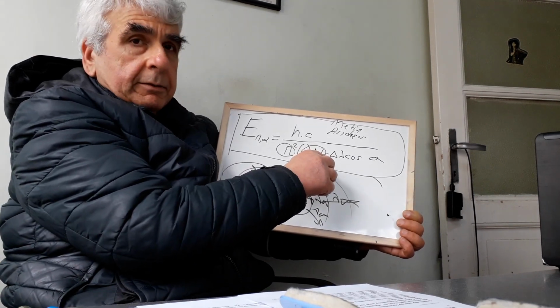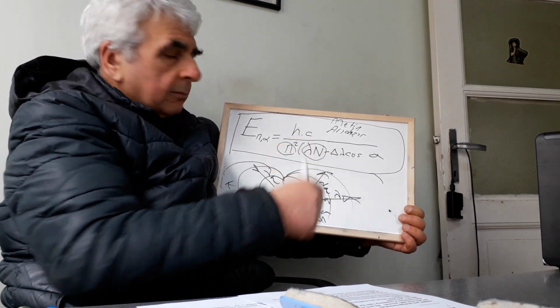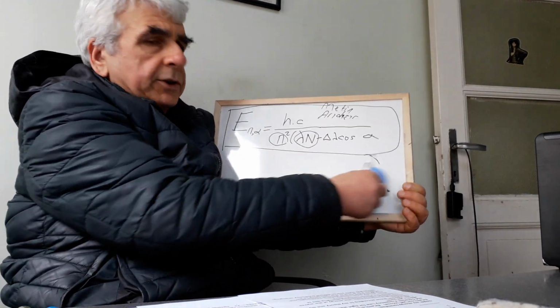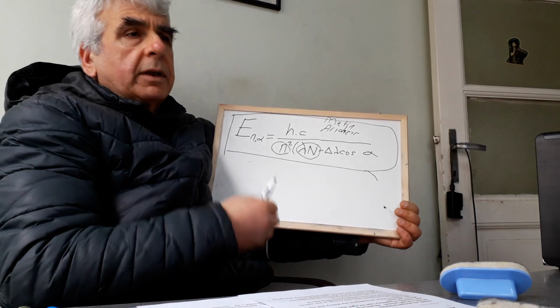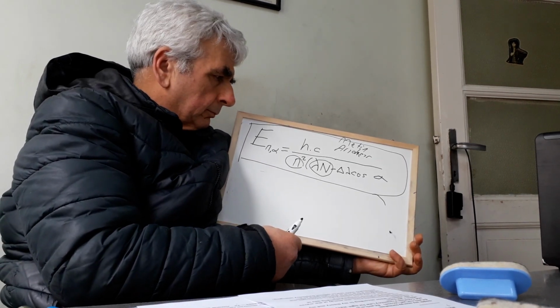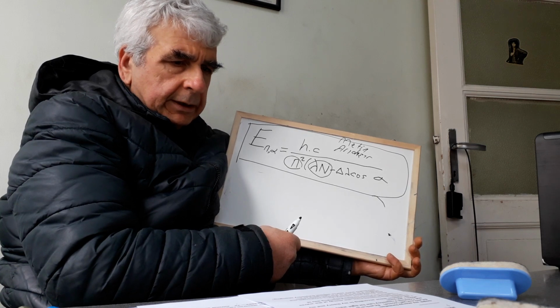This is lambda n, the normal initial wavelength of an electron motion form. Okay.